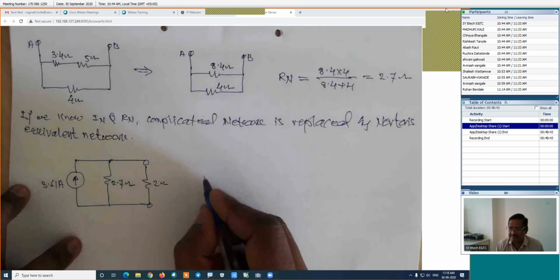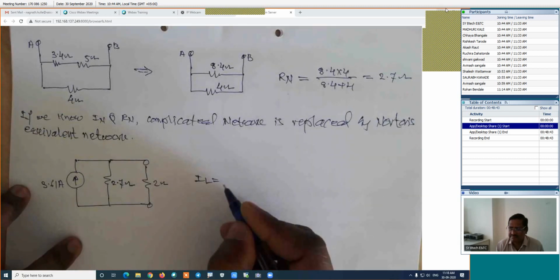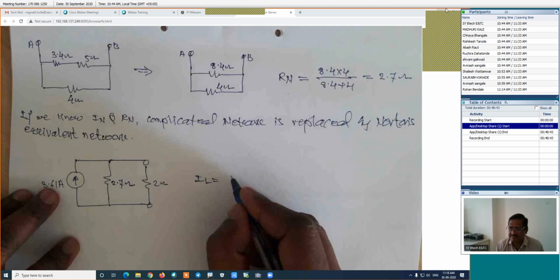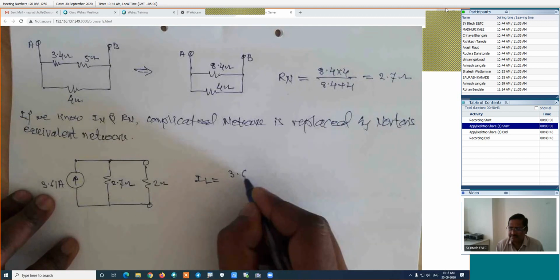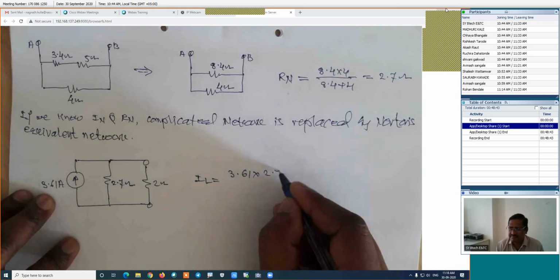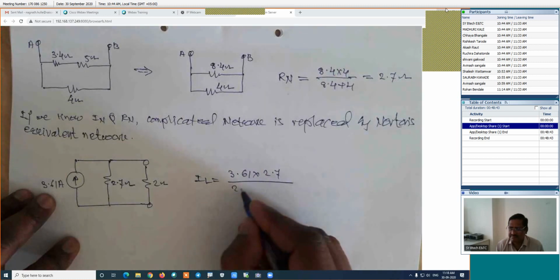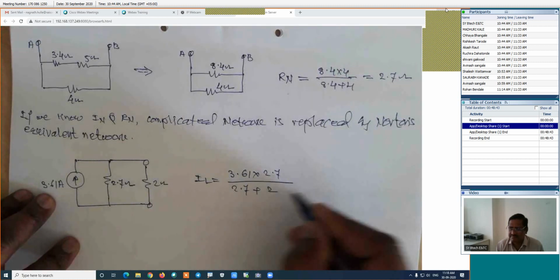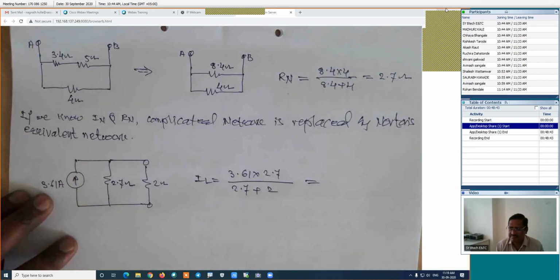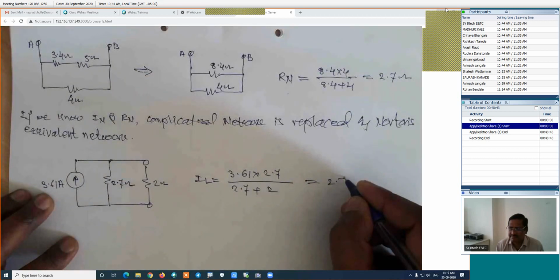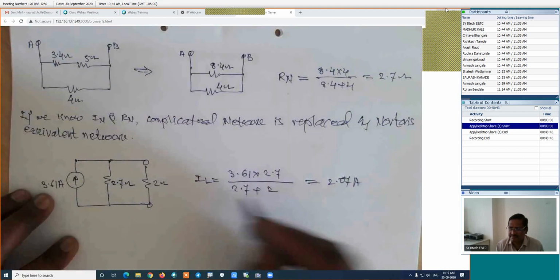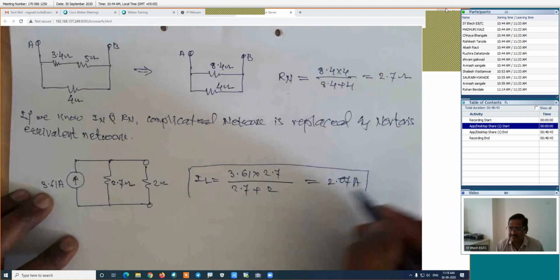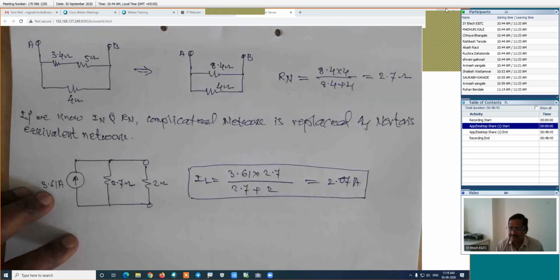Now we can find its load current, which is equal to IN into RN divided by RN plus RL. IN is 3.61 into RN which is 2.7, divided by RN plus RL, 2.7 plus 2, and find out its load current. 2.07. 2.07 amperes is the current flowing through the load resistance, which is 2 ohm, using the Norton's theorem.